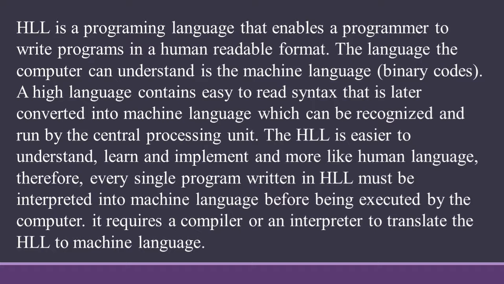The high-level language is easier to understand, learn, and implement, and more like human language. Therefore, every single program written in high-level language must be interpreted into machine language before being executed by the computer. It requires a compiler or an interpreter to translate the high-level language to machine language.